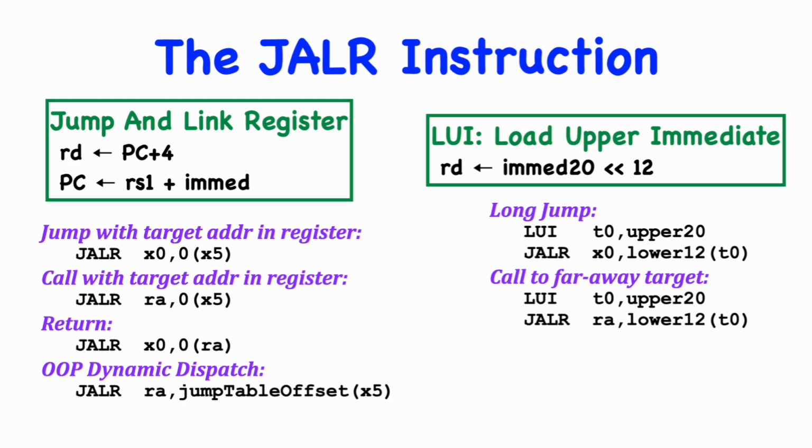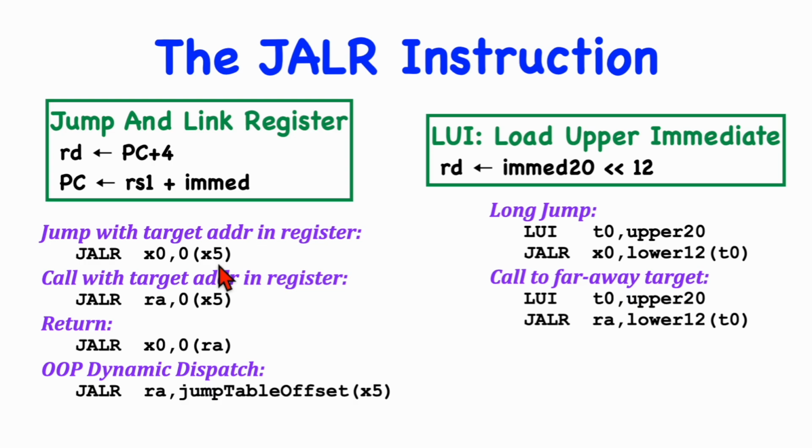First, recall that the jump and link register instruction saves the address of the instruction immediately following it and then jumps to a target address that is computed as the sum of register RS1 and the immediate value. This instruction can be used in the following ways. First, we can use it as a straight jump where the target address is in a register.